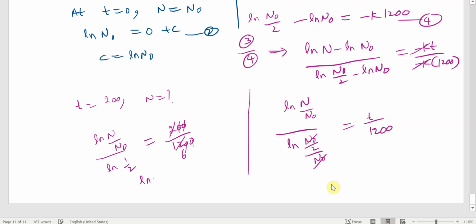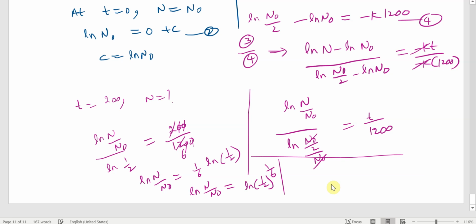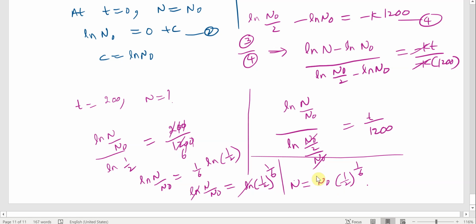Later ln n over n naught equals 1 over 6, and this will be cross multiplied, from which we need to find n. Ln n over n naught equals ln 1 over 2 to the power 1 over 6. With that ln cancels, n equals n naught times 1 over 2 to the power 1 over 6, is the final answer. This we can find with a calculator also.